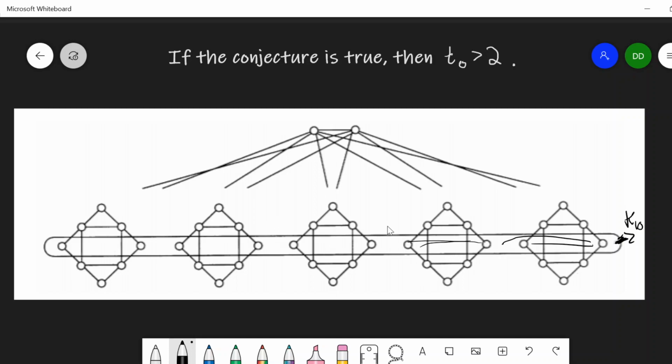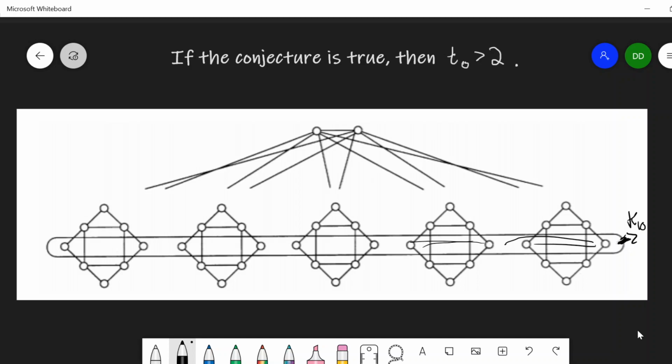So they were able to show that this graph is 2 tough, but not Hamiltonian. It does take a second to see both of those properties. If you stare at it for a while, you might be able to convince yourself, but the proof is not trivial to see that this is 2 tough. But you can run through a lot of the cases like we did with the Petersen graph to conclude that this is 2 tough and it's not Hamiltonian.